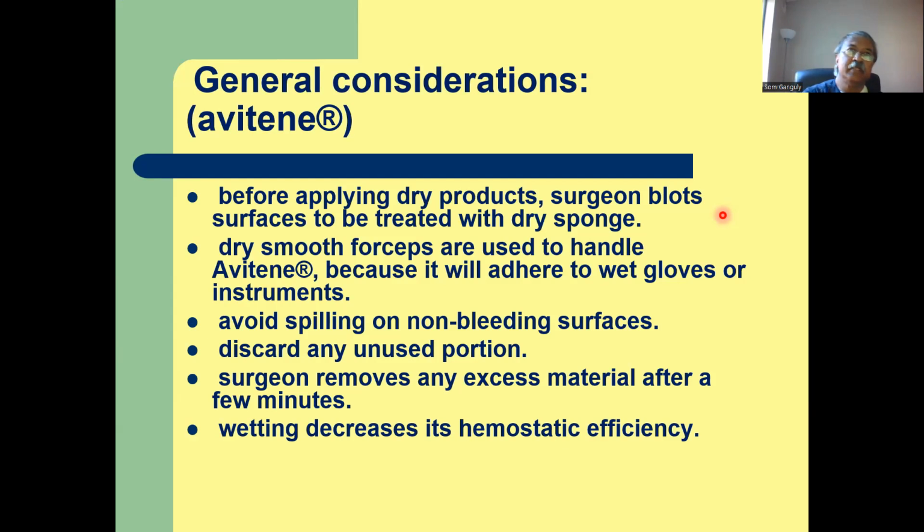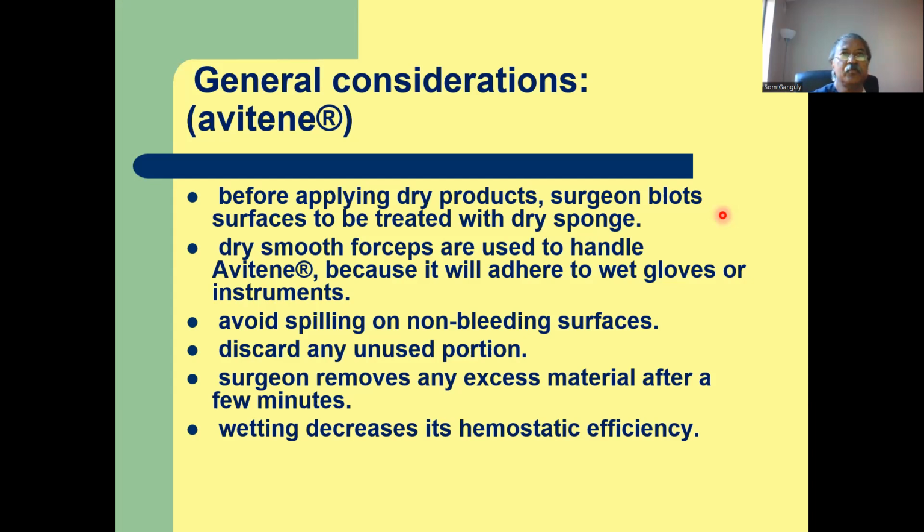Now, if we need the strip, then it is also in a package. The inner package we will get from the circulator, which is sterile, and we will carefully open that inner package, and it will be about twice the shape of a postage stamp.